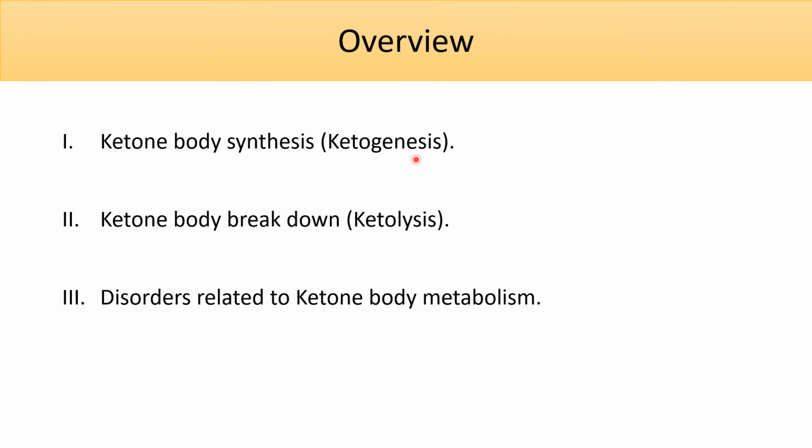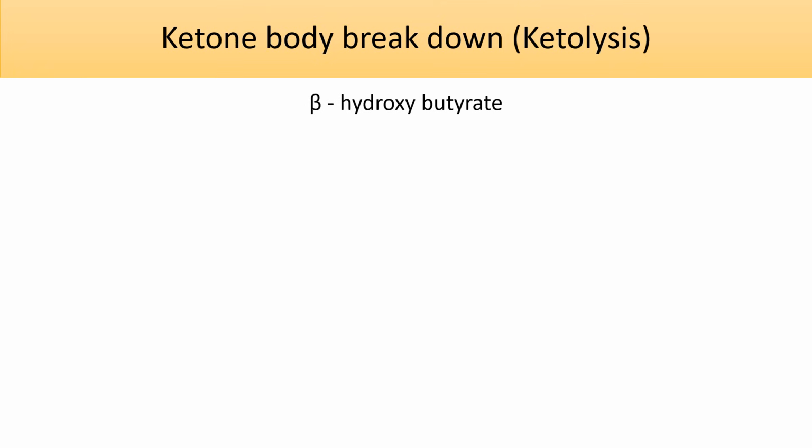Once you have read ketogenesis, the reversal of ketogenesis will be ketolysis. Only thing is, in ketogenesis, whichever step is irreversible, for this you have to use some other enzyme. So let's see about ketolysis next. In ketolysis, we are going to start from the ending of ketogenesis, that is beta hydroxybutyrate. Okay.